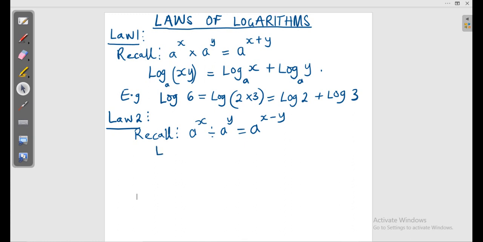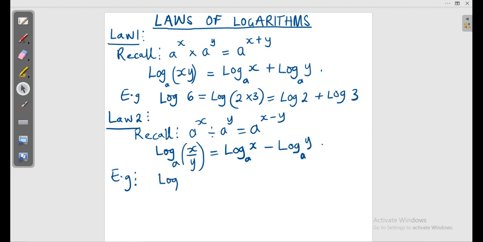To me, it's going to be log x over y, let's say base a, equals log x base a minus log y base a. So for example, log 14 over 3 base 2 gives me log 14 base 2 minus log 3 base 2.